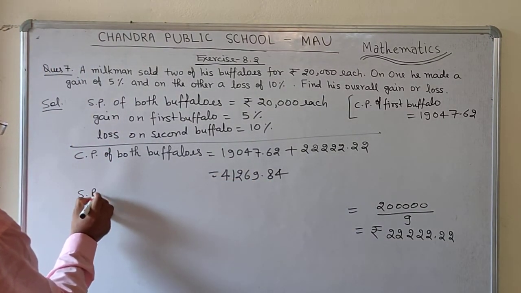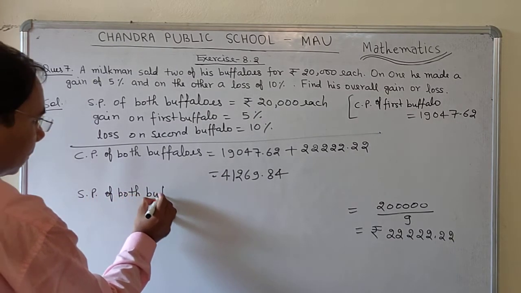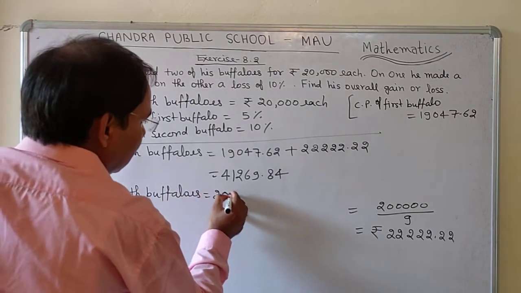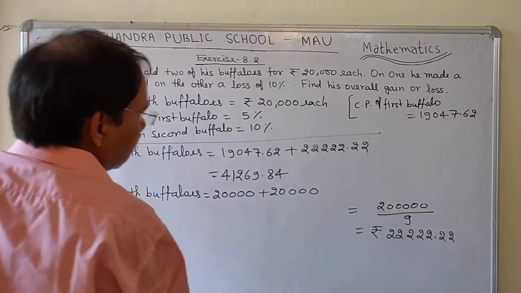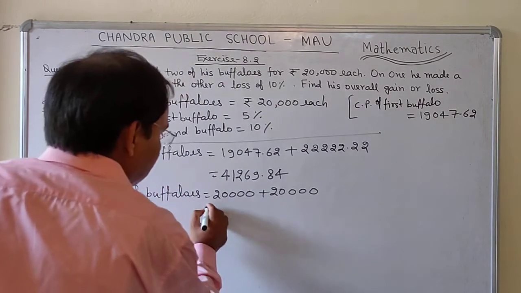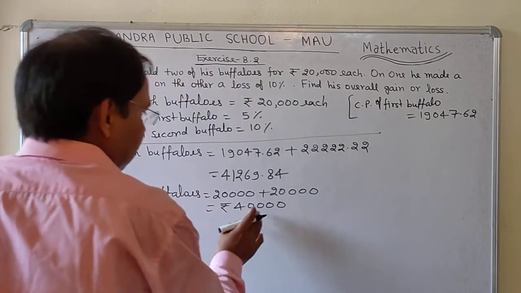Now the selling price of both buffalo. That is equal to 20,000 plus 20,000. The selling price for both the buffalo was the same. So that is 20,000 plus 20,000, equal to rupees 40,000.